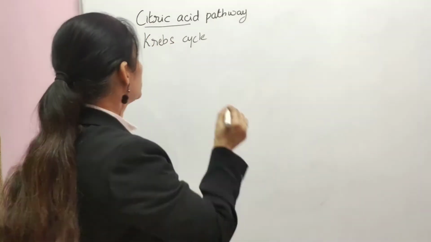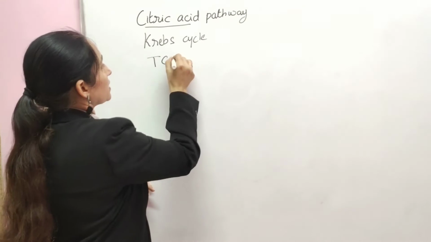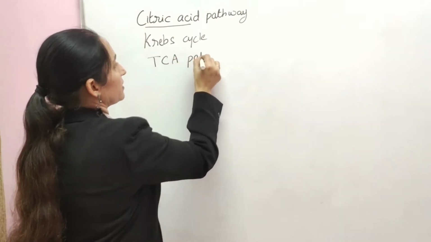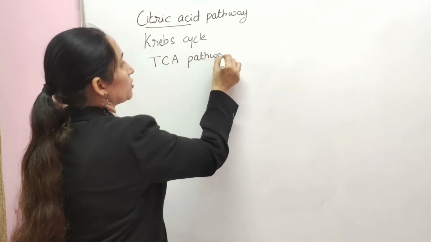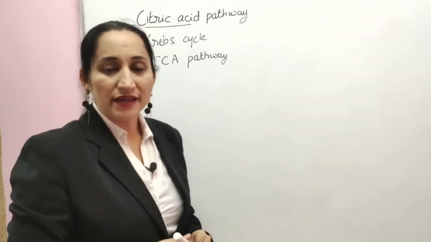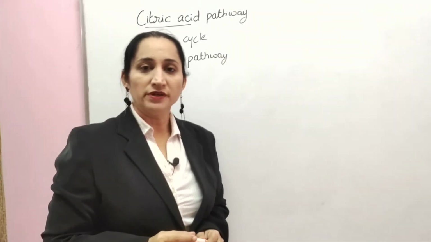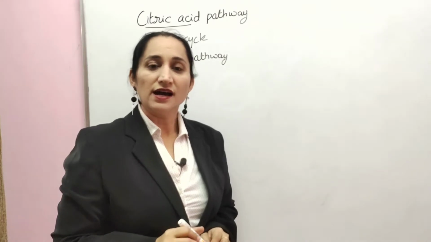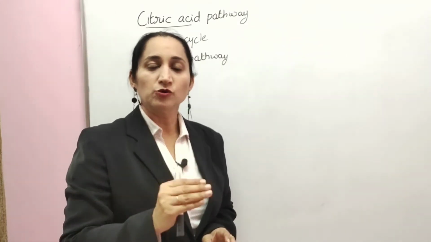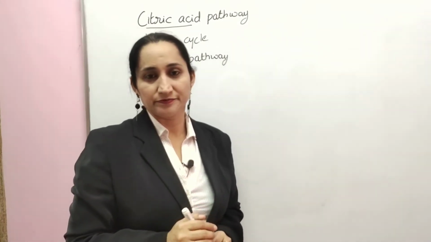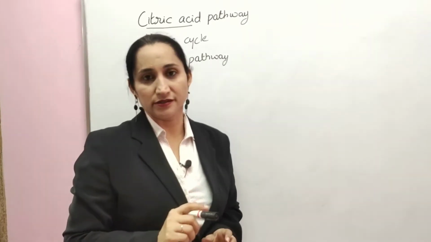It is also known as tricarboxylic acid pathway. Why tricarboxylic acid pathway? Because many products that are formed in Krebs cycle have 3 carboxylic acid groups in them.